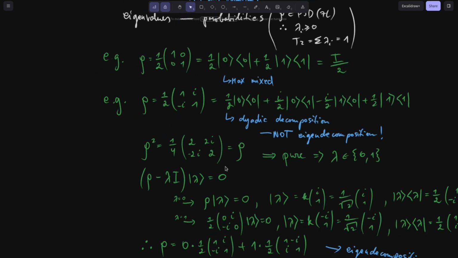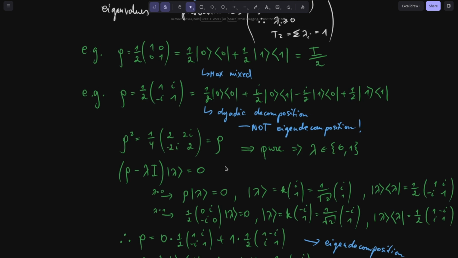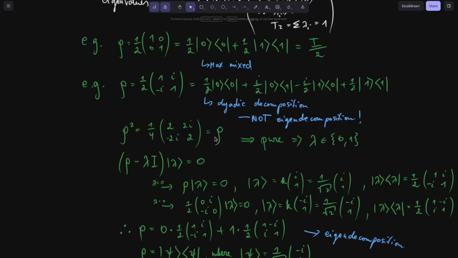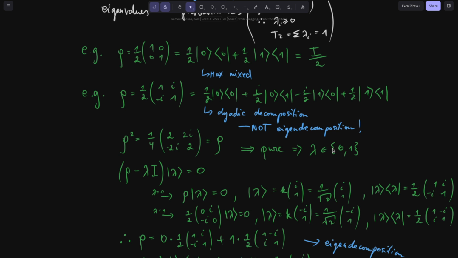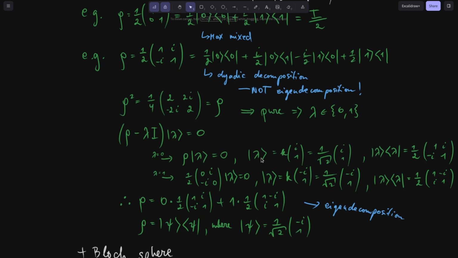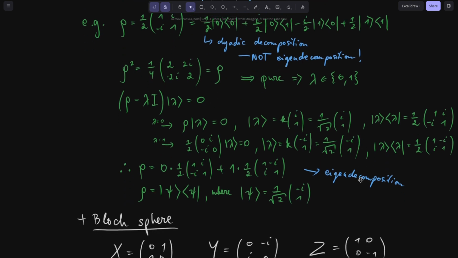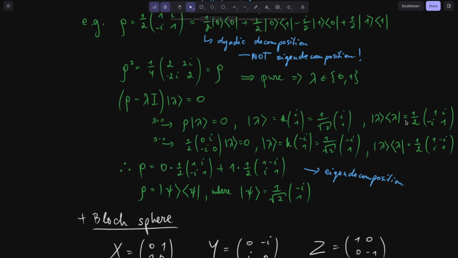But if we want to do the eigendecomposition, then we have to find eigenvalues. So this is a pure state. We can check it by squaring it. We square it and we get the same state. So it's a pure state, that means eigenvalues are 0 and 1. For 0 we have this eigenvector, for 1 we have this eigenvector, and then we make this outer product, and we can expand our state into this form.